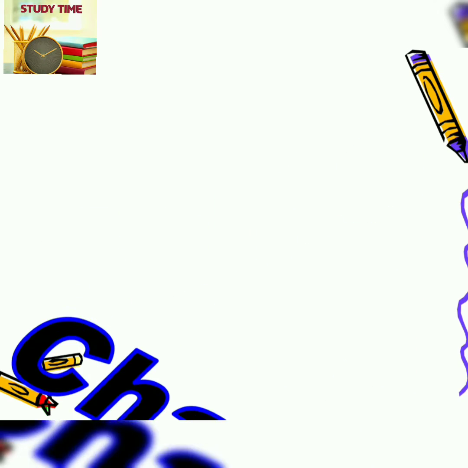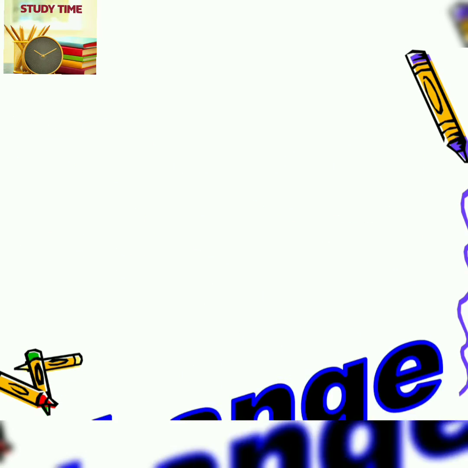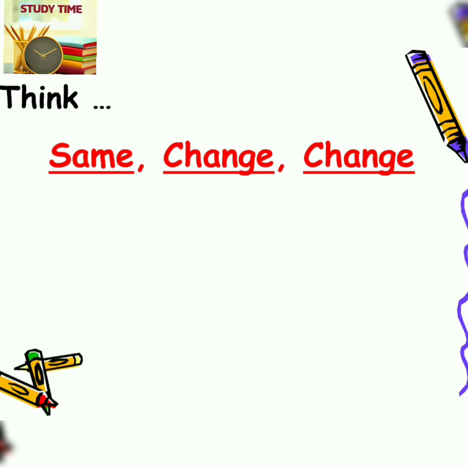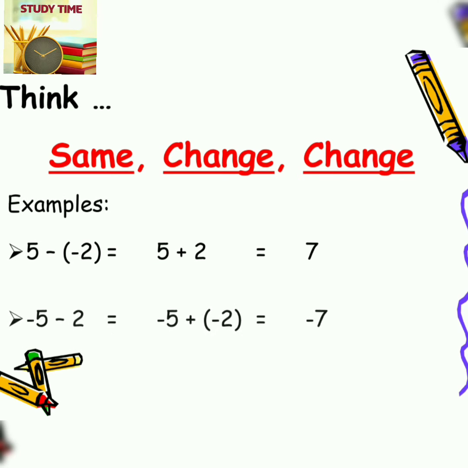Same, change, change. Now think, same, change, change. Example, 5 minus -2 is equal to 5 plus 2 is equal to 7. -5 minus 2 is equal to -5 plus -2 is equal to -7.